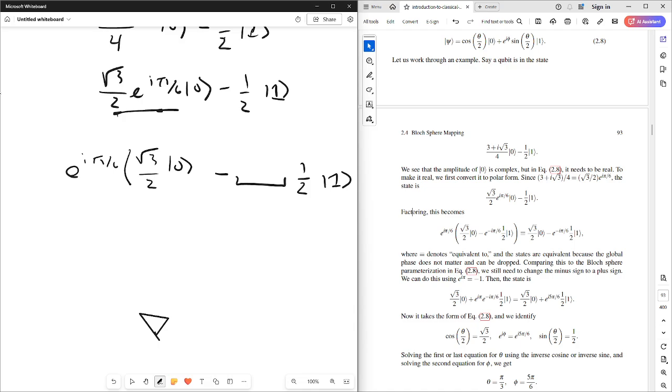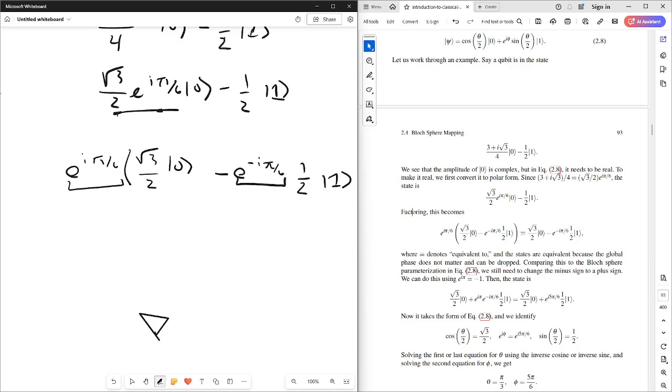We know that it needs to equal 1. Well, we know from earlier that this multiplied by its complex conjugate equals 1. So we'll just write its complex conjugate here: e to the negative I pi over 6.